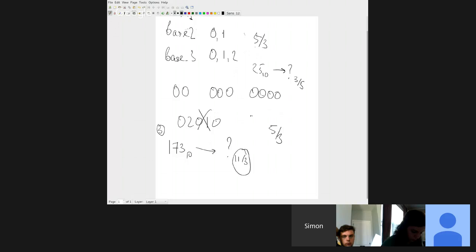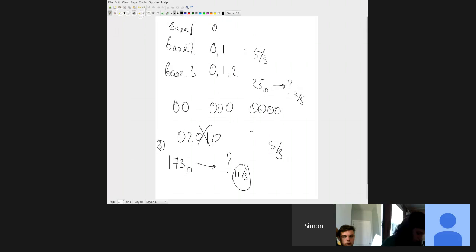With base 1, we already had a deficiency, but we're talking here about something less than 1. So the deficiency will be present on an even larger scale. So that's the rule of thumb that you have to remember: the base of a fractional number system has to be greater than 1, like 5/3 or 11/3.